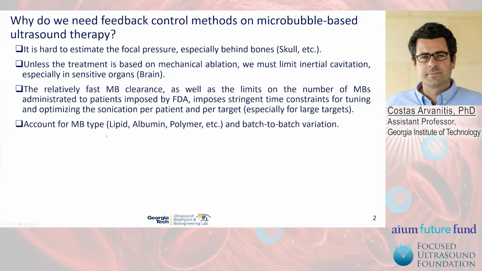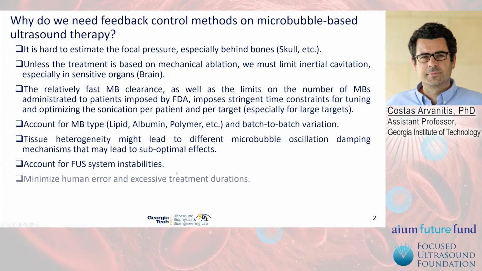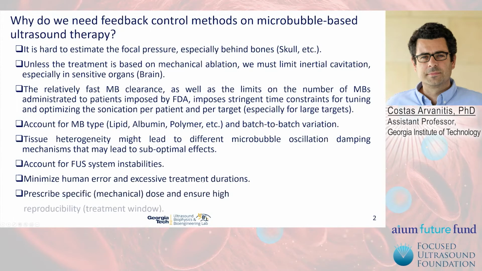So we also need to be able to account for microbubble type and batch-to-batch variation, which can be significant. We need to account for tissue heterogeneity that might lead to different microbubble oscillation damping mechanisms that may also result in suboptimal effects, account for focused ultrasound system instabilities, minimize human error and excessive treatment durations, and ideally prescribe specific mechanical dose and ensure high reproducibility.